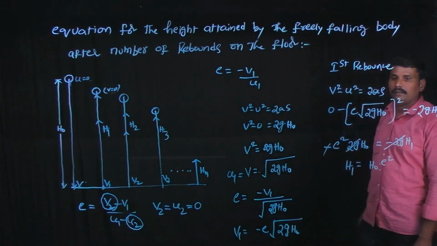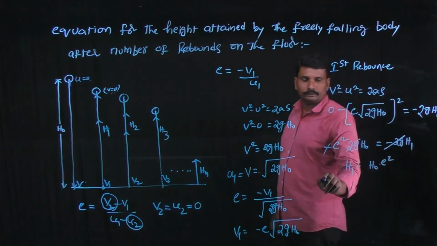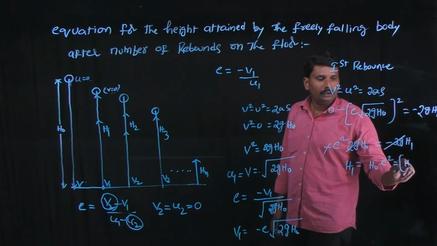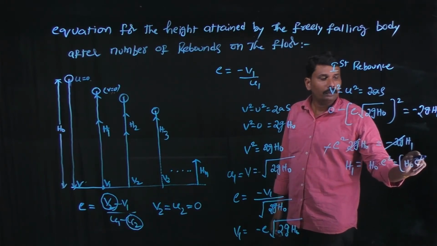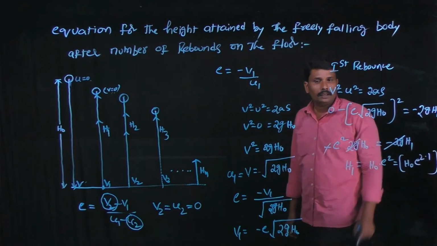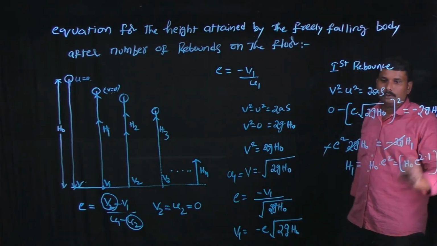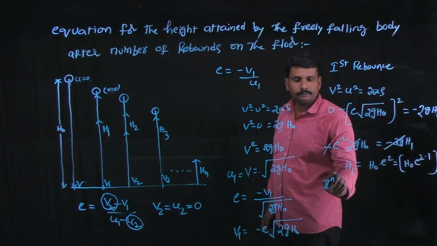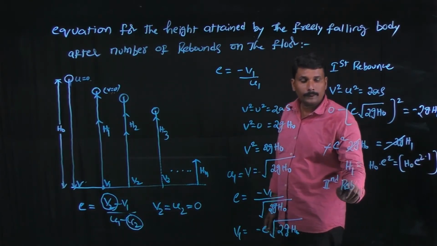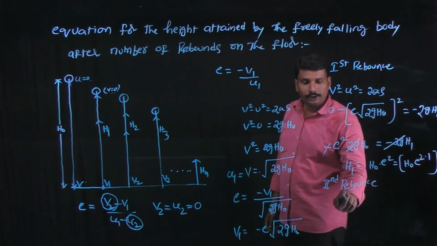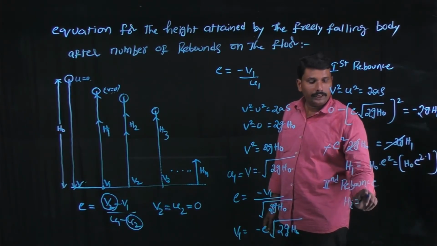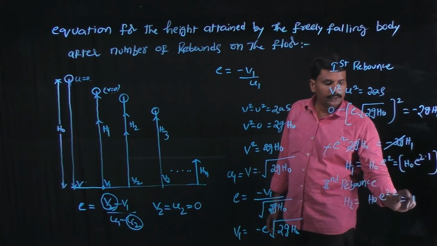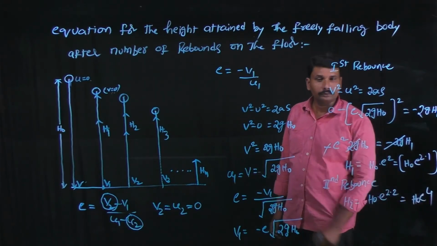Similarly, for the second rebounds, it is in the form like h naught into e power 2 into 1. Here, 1 is nothing but for the first rebounds, and for the second rebounds, it is h2 equals to h naught into e power 2 into 2. Simply it is h naught into e power 4.